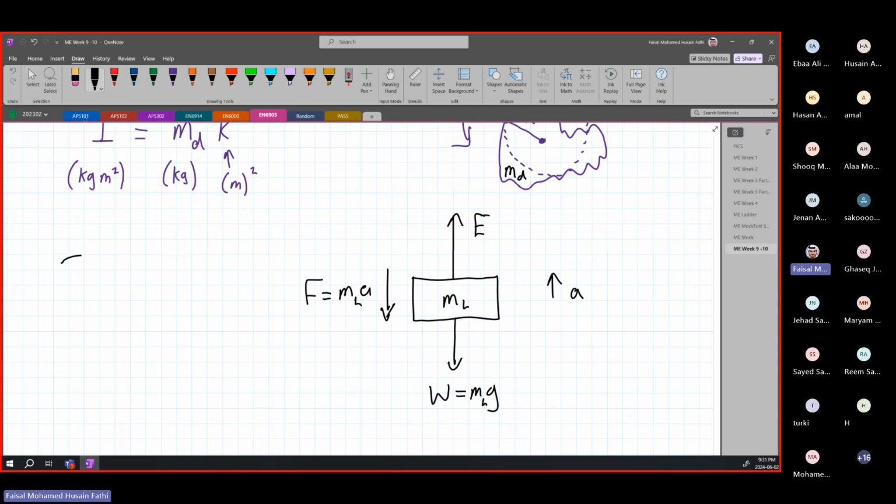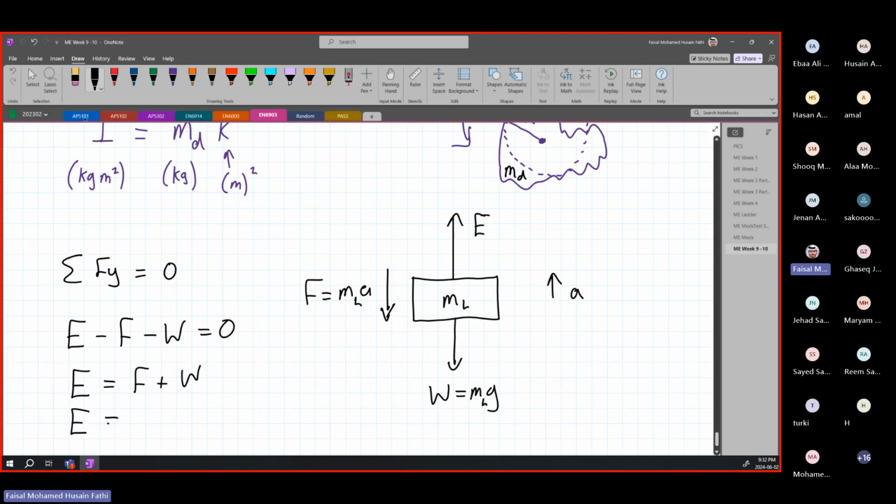If we apply our sigma Fy equal to 0 equation, that means E minus F minus W is equal to 0. In other words, E is equal to F plus W. In other words, F is ML times acceleration, plus ML times gravity.